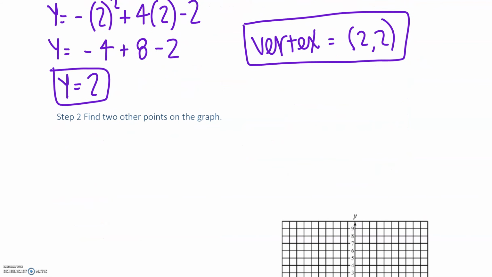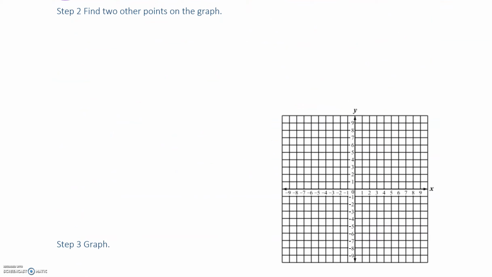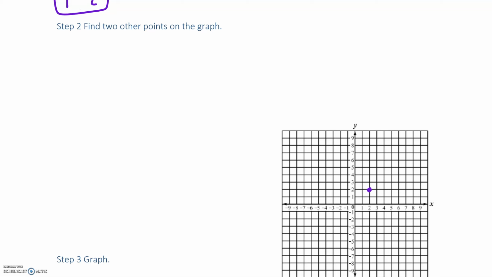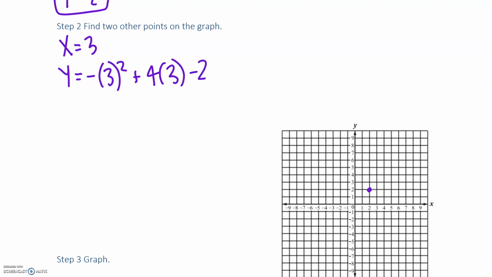If you want to go ahead and plot that on there, I'm going to go ahead and plot it. Our vertex should be right there. Now we're going to find 2 other points. I'm going to go in the positive direction from my vertex on the x-axis, so that's just going to give me 3. So we're going to have x equals 3. When x equals 3, y is going to equal negative 3 squared plus 4 times 3 minus 2.